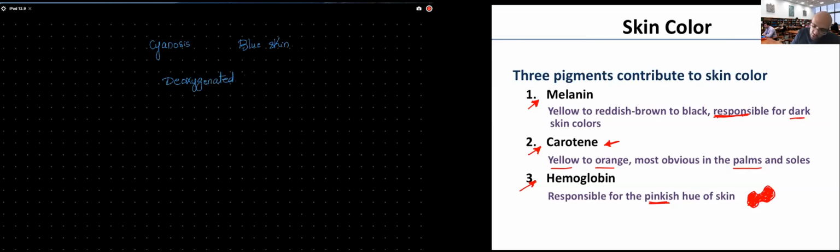I have deoxygenated blood circulating now to be delivered, or is delivered, to my systemic organs. This is what will result in the cyanosis or the bluish discoloration of the skin.